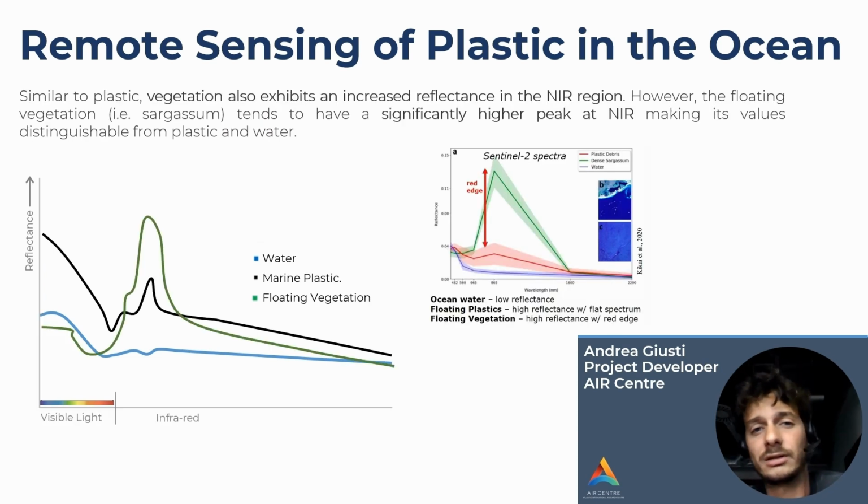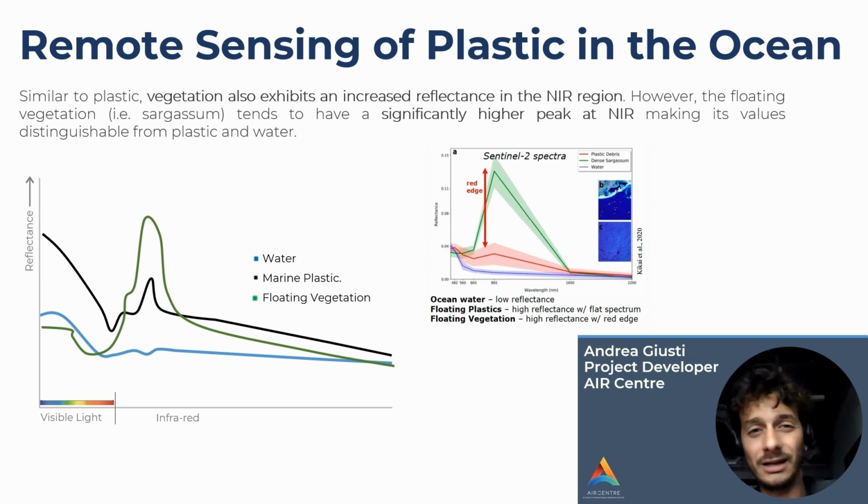However, plastic debris is not the only material floating on the ocean surface and not the only one to be reflective in the near infrared part of the light spectrum. Here we are bringing an example of the spectral signature of sargassum, which is a macroalgae commonly floating on the ocean surface in a specific location of the ocean. But still we can notice a little difference.